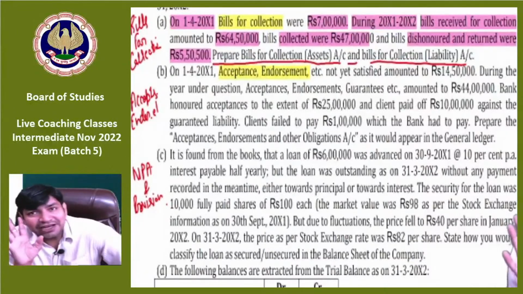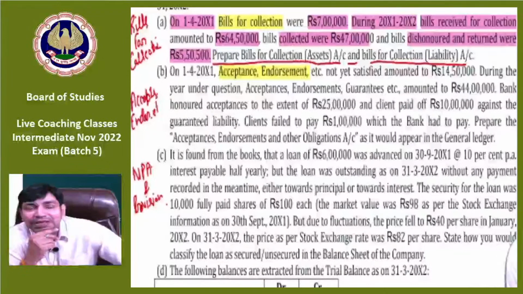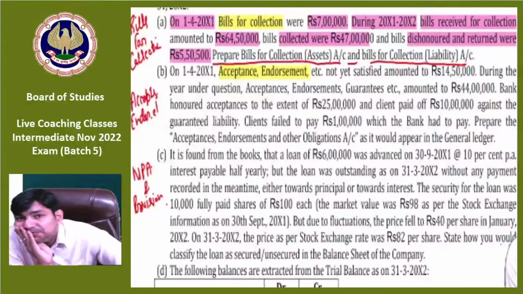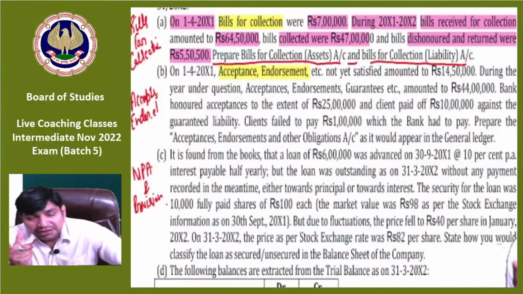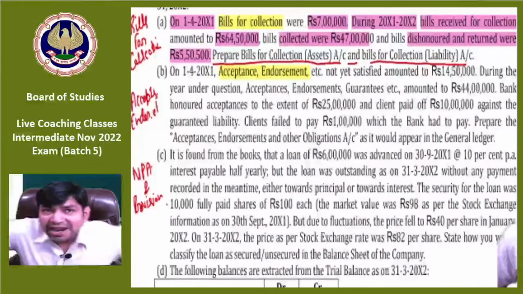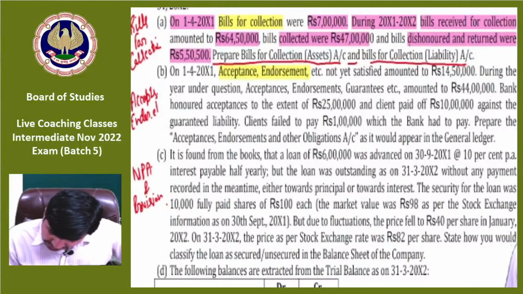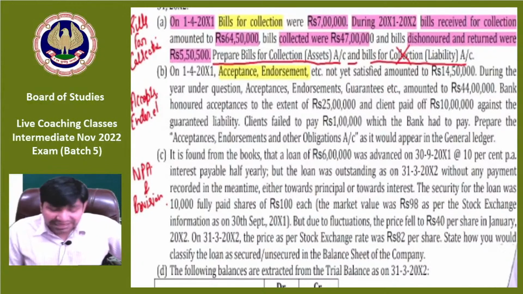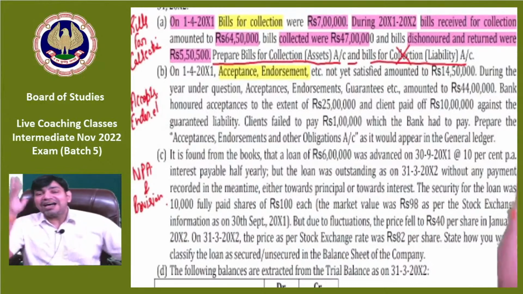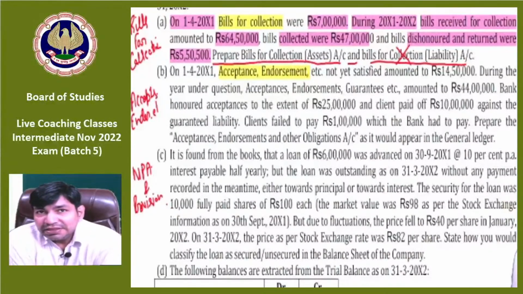If he is not asking for bills for collection liability account, then the student may get confused again. Think. Now you are in exam, and the examiner is not asking the bills for collection liability account. He is asking only for assets account.